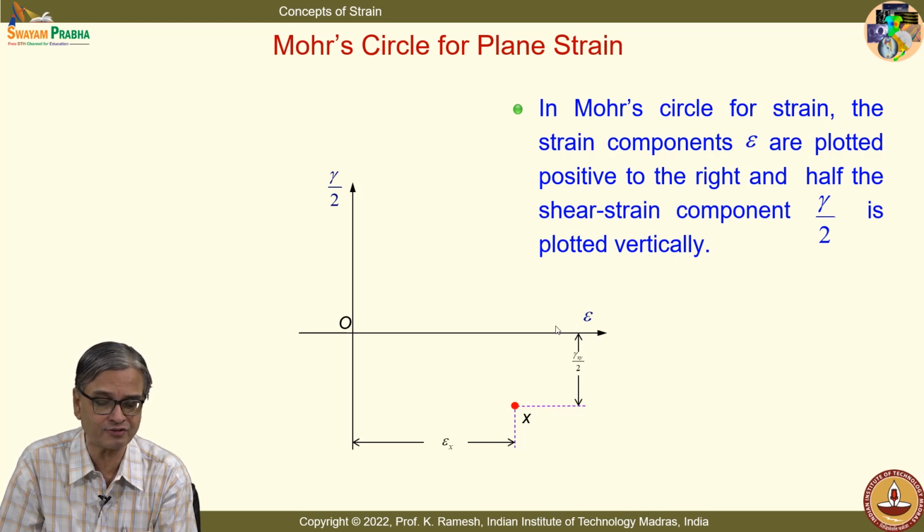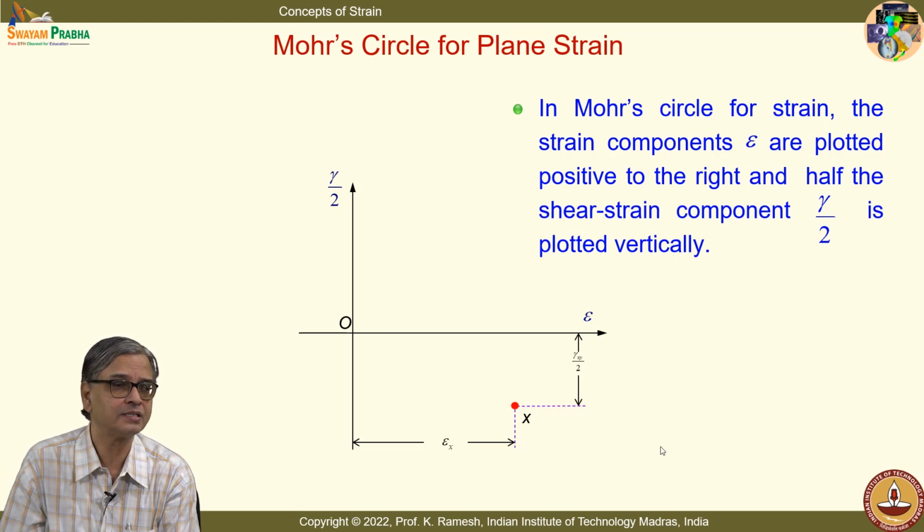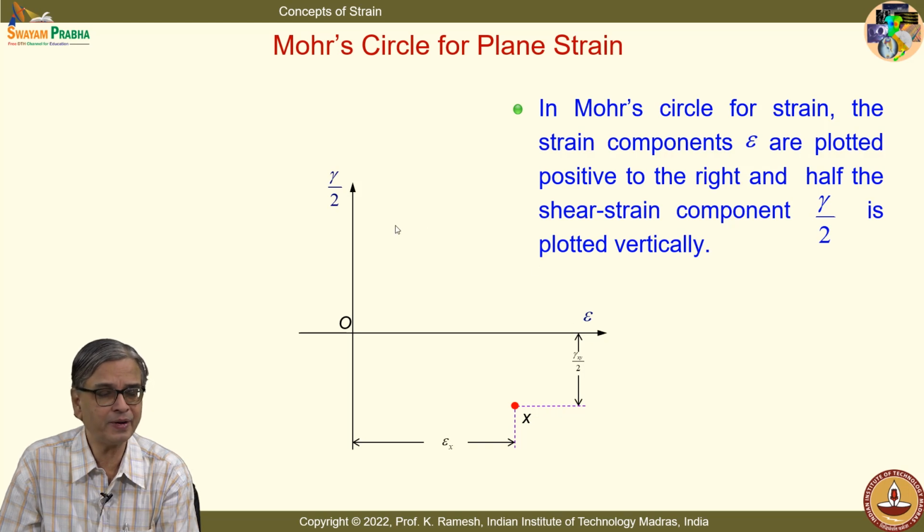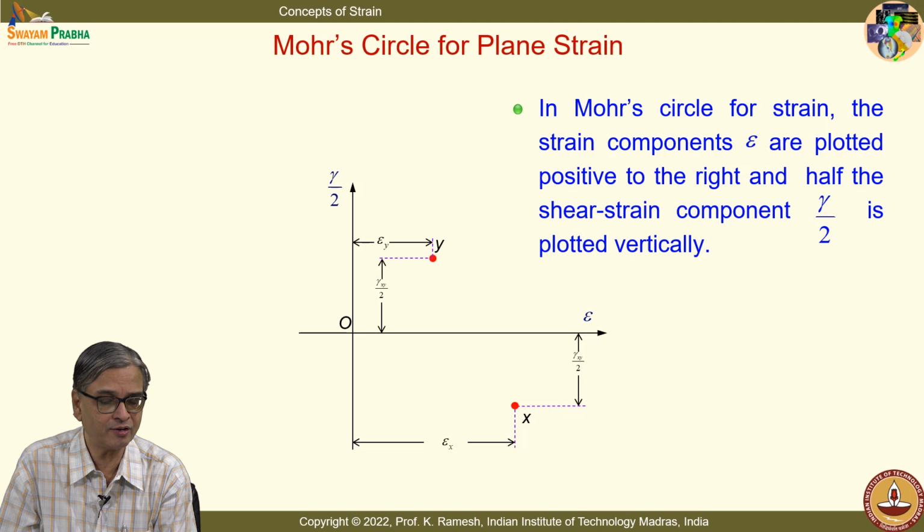If I have a positive shear strain in the x direction, you plot it downwards, and for the y direction, you can follow simple logic, what you have been using for plotting any graph. When it is positive shear and positive axial strain, the point y is located here. So, once you have located the directions x and y, simply join them, it cuts this axis at point C.